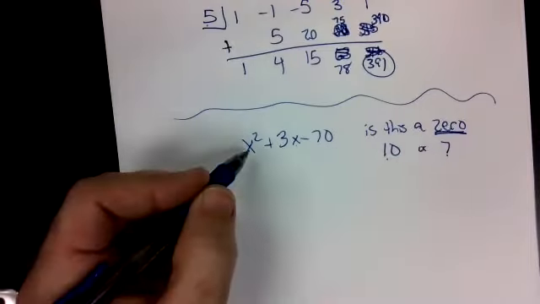If 1 is a 0, then x minus 1 equals 0. So what that says is x minus 1 is a factor. Similarly, if x equals 4, well, then x minus 4 is 0, and then x minus 4 is a factor.